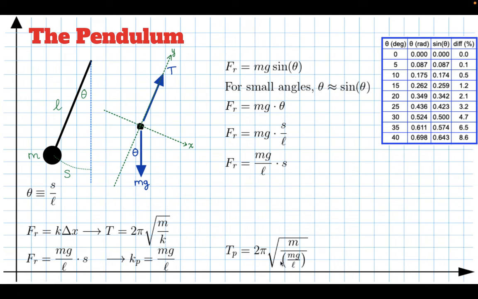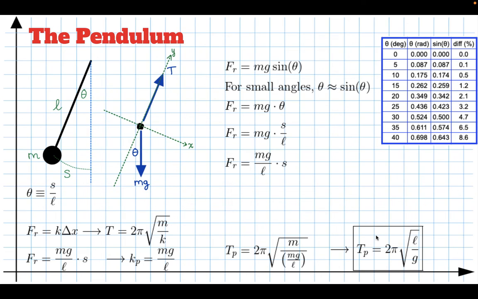So the masses cancel, and then we have 1 over g over L, which we can rewrite as L over g. So for a pendulum, the period is 2 pi times the square root of L over g. The mass cancels. So this is how we find the period of a pendulum.